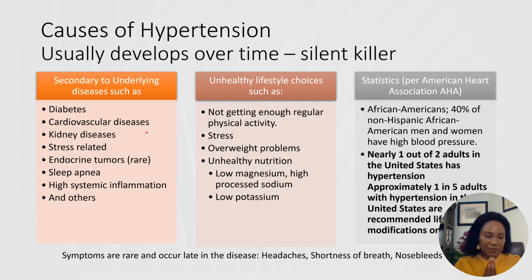Kidney diseases. The kidney is a filtration unit of the body. The kidneys have little openings to allow filtration, albeit very tiny and fine openings. Blood flows through the kidney and gets filtered, removing some wastes and some excess water.